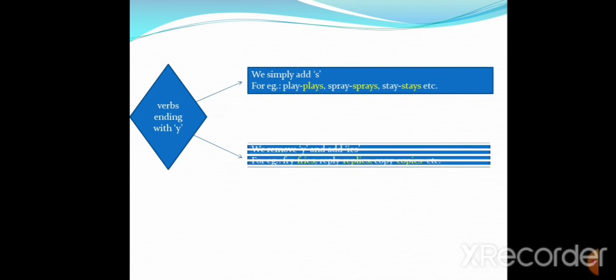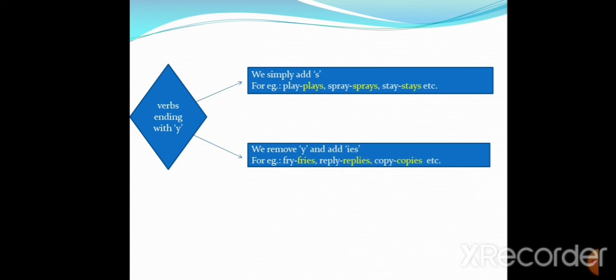So we get fries, replies and copies. Now we are talking only about the verbs ending with Y. Do not forget that. And for verbs which are ending with Y, there are two rules: one, to add S, and the other, to add IES. Now again, why?